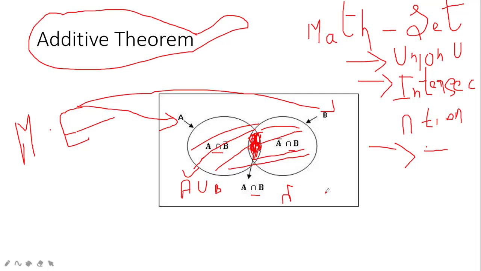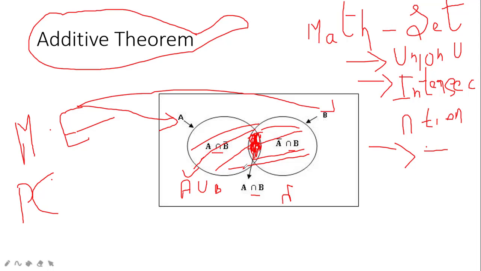The formula is nothing but the probability, P of. Now this is the main thing. When it comes to the cards, you need to choose whether you want A union B or A intersection B. For the cards, I need to take all 52 cards, because I need to find the possibility of my joker card out of the 52 cards.